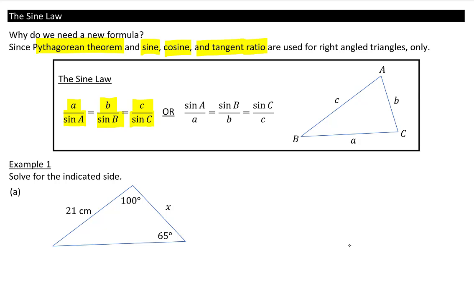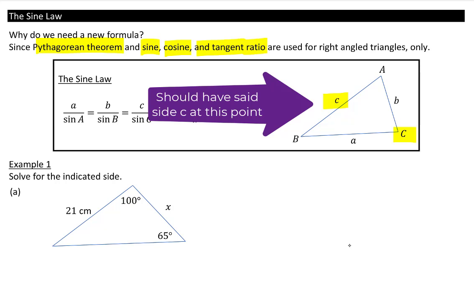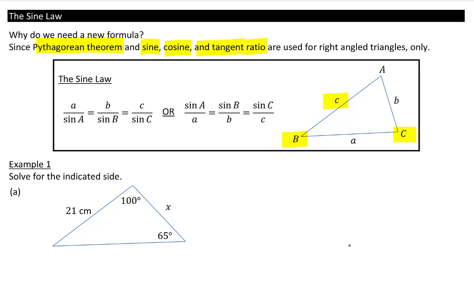Or we can flip the whole expression and have sine of angle A over side A, sine of angle B over side B, and sine of angle C over side C. And this works only if opposite vertex C, we have side C, opposite vertex B is side B, and opposite vertex A is side A.